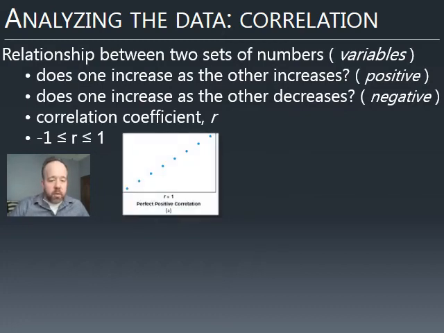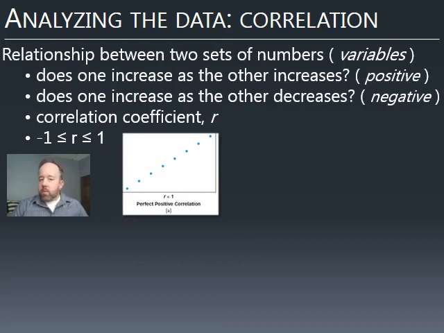So some examples. This is a really strong, in fact it's perfect, positive correlation. Here we have one variable plotted on the x-axis, the other variable plotted on the y-axis, and we can see how they vary with one another. In this case, if one variable goes up, the other variable goes up too, and it goes up by a consistent amount.